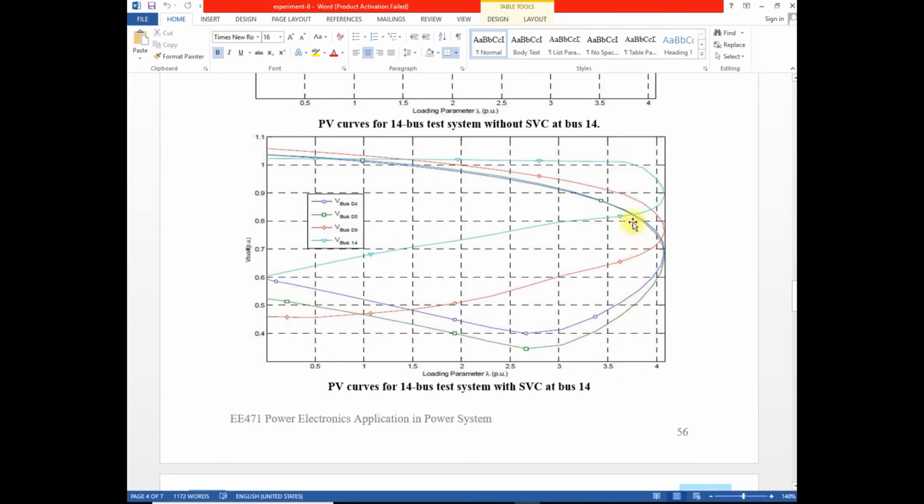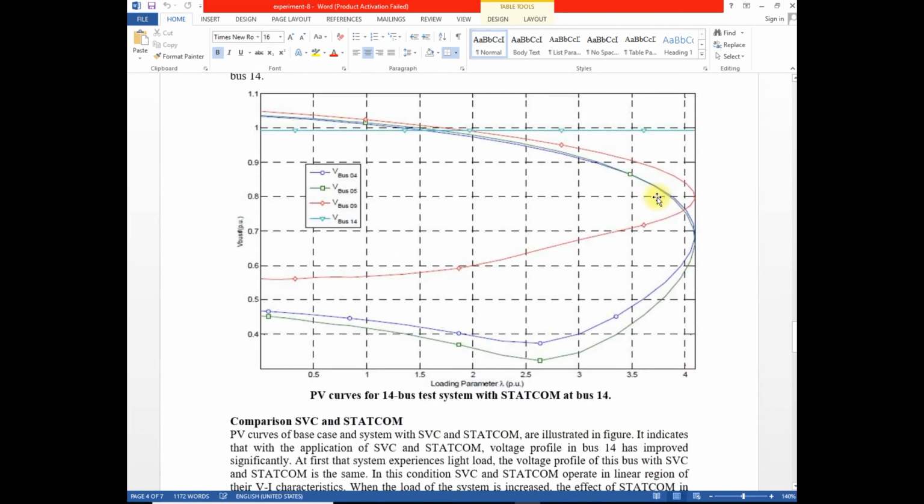Near 3.7 per unit, it makes a constant voltage profile, but after that the voltage is reducing. As the load increases, the voltage reduces. So it means that as compared to the SVC, the STATCOM provides more voltage stability at high loading conditions.